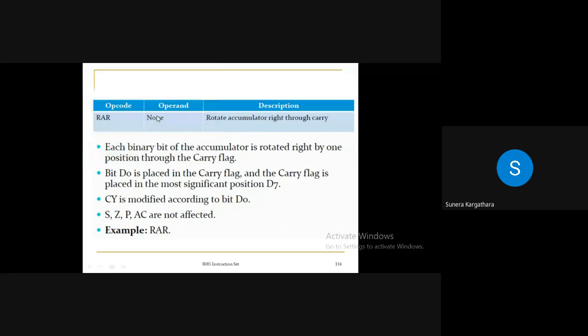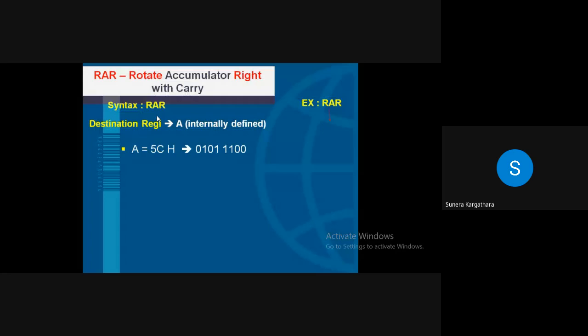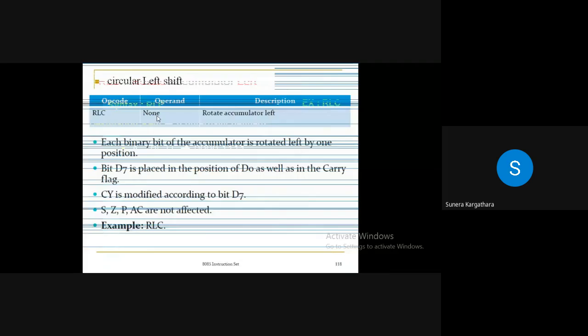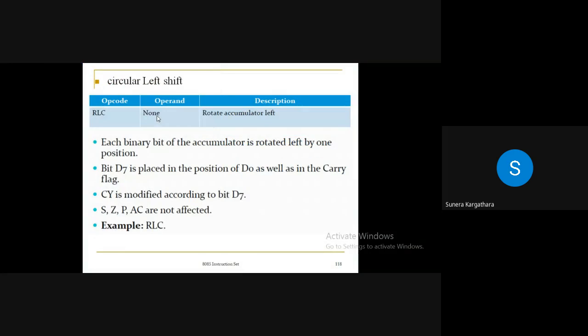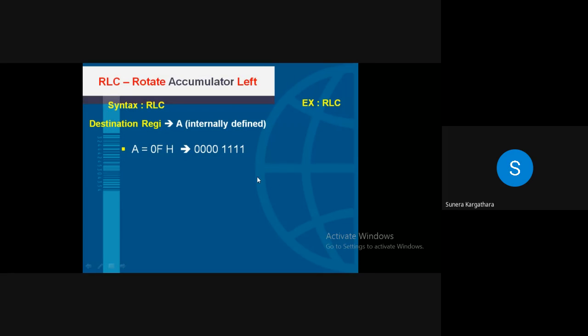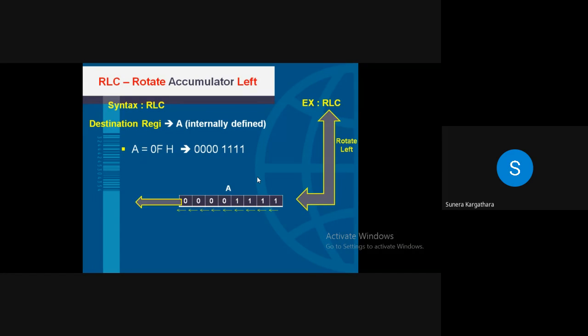In the same way, whenever we are rotating the content of accumulator left with carry, we also have an instruction to rotate the content of accumulator left without carry. So only D7 bit will be placed to D0 as well as carry, but your carry will not rotate. For example, if initial content is 0F, the content of accumulator is 0F.